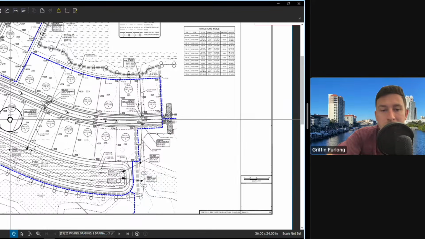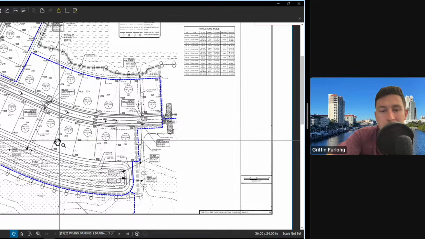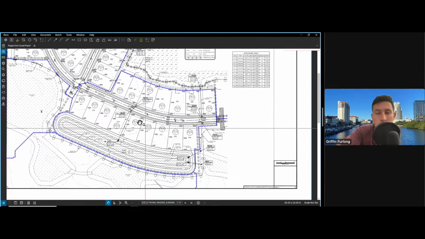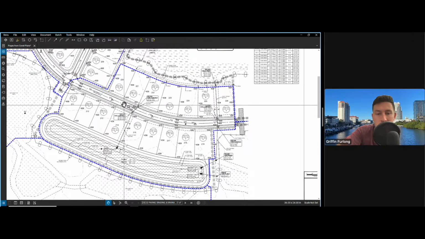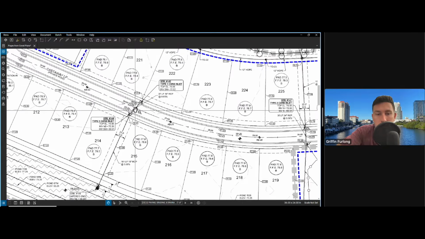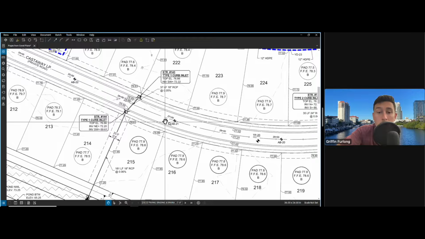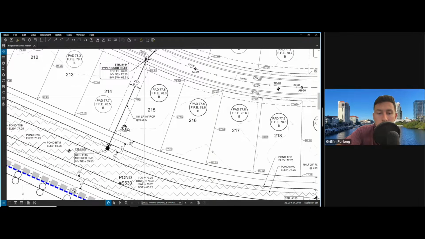As you can see, we have a road with some residential lots, and what we're saying here is that we want all of the water within this blue line to flow into the pond. Now, if we zoom in to the finer details, you'll notice that we have some curb inlets. These curb inlets are where we want water to get captured and go into the pond.